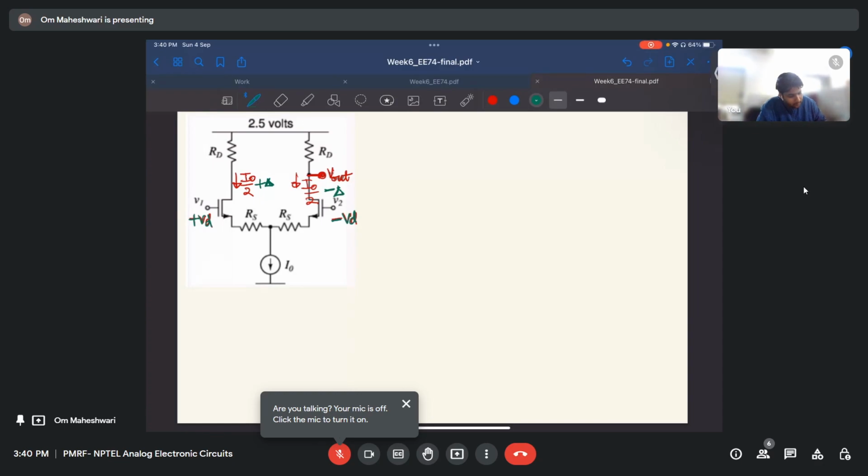So these are the small signal currents plus delta and minus delta that will flow through these branches. So we will do the small signal analysis only for differential gain. So let me write.